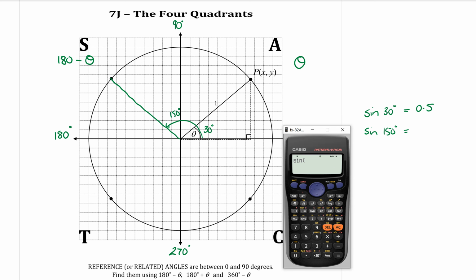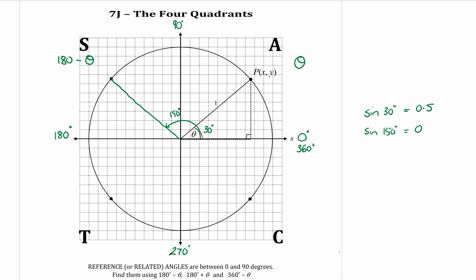Sine of 150 is equal to 0.5 again. So you can see that those angles are related, and it doesn't just work for 30 degrees, it works for any acute angle. Sine of an acute angle in the first quadrant would be exactly the same thing as sine of 180 minus that acute angle, whatever that makes.